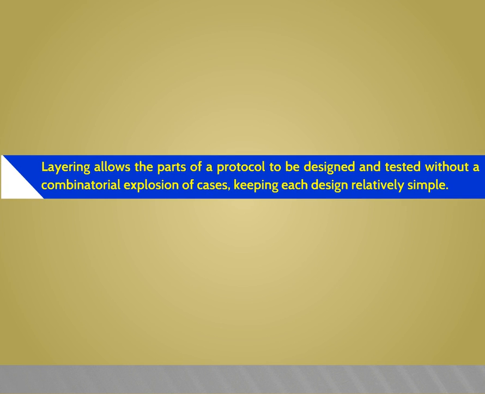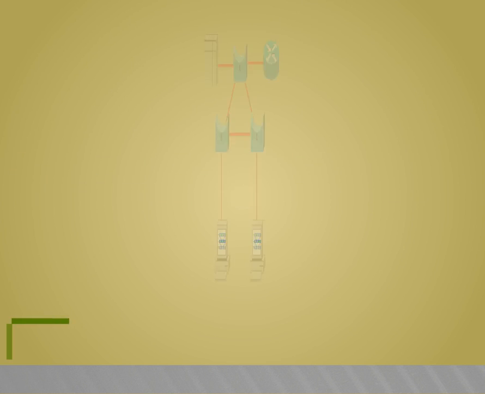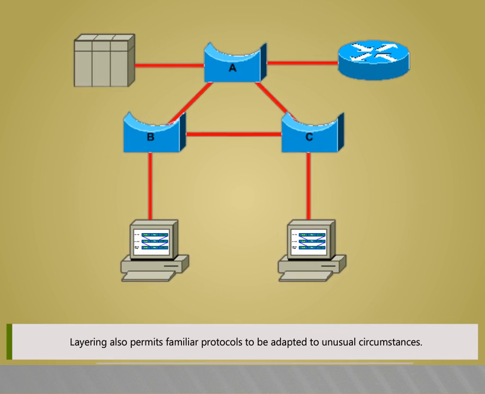Layering allows the parts of a protocol to be designed and tested without a combinatorial explosion of cases, keeping each design relatively simple. Layering also permits familiar protocols to be adapted to unusual circumstances.